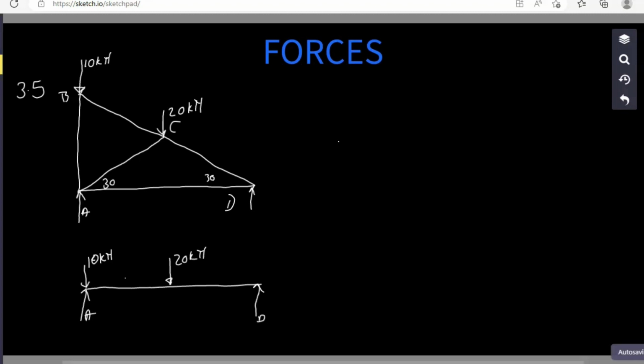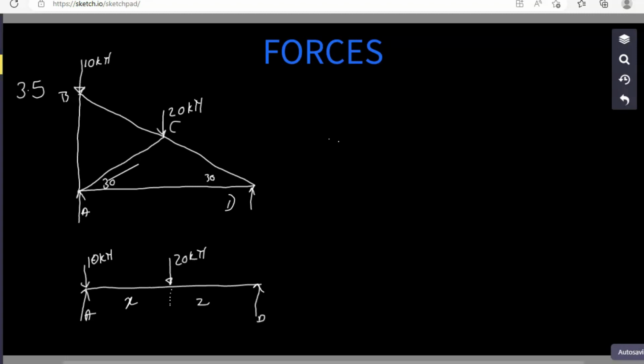And then we really need to calculate for the reaction of D, even if we do not get the reaction of A. But we do not have the distance between these two. So I'm going to divide this into 2. Let's say this is X and this is X. I'm saying this because I know that they are equal in length.